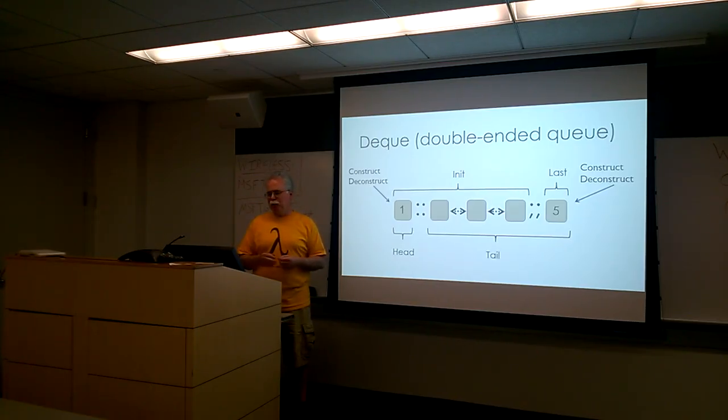But there's actually a performance price. It's really hard to get double-ended queues right from an implementation standpoint. There's going to be some situations where it's not going to perform that well, depending on what it is that you're asking it to do and the order of constructs and deconstructs you're doing.